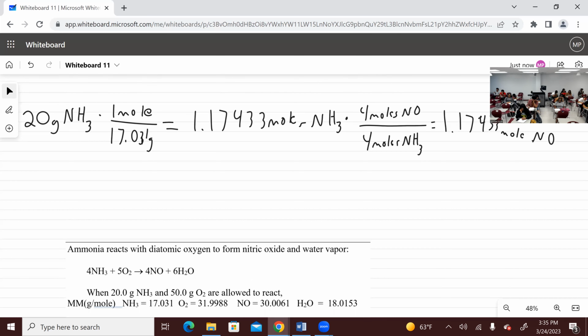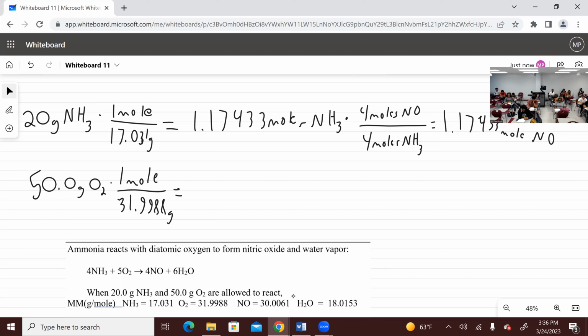So I'm going to do the same thing for oxygen. We have 50 grams of oxygen. I'm going to have 50.0 grams of O2 times 1 mole divided by 31.9988 grams.